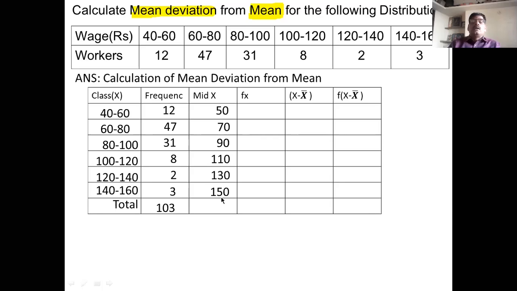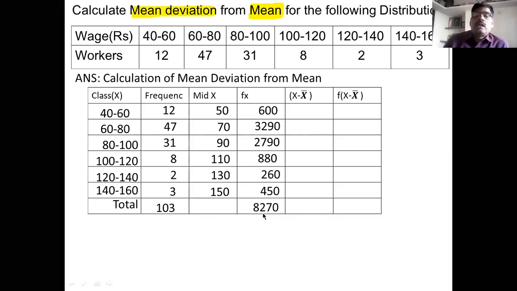Now you calculate the fx. Fx means multiply the f column and the mid-x column. 12 into 50, 600. 47 into 70, 31 into 90, 8 into 110, 2 into 130, 3 into 150. Fx is completed. Now you take the total of this.